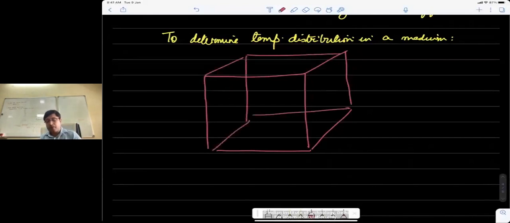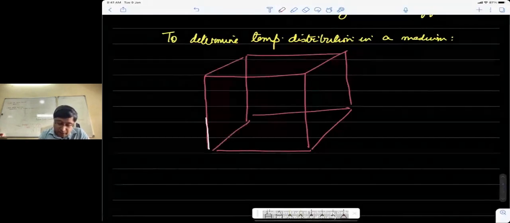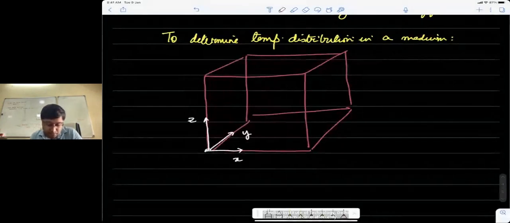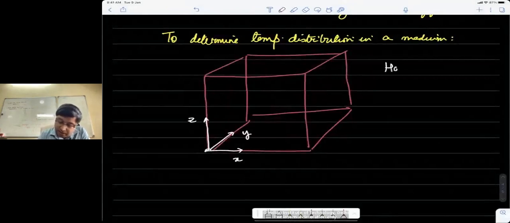Need not be. The first important thing for me to do here is to define the coordinate system. So I will define x, y, and z, a right-handed coordinate system. Let's say that this medium is a homogeneous material, so the properties are the same everywhere.